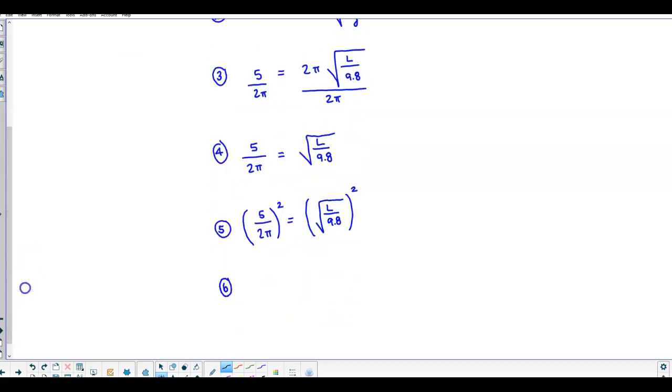So now we end up with 5 squared, which is 25, over 2 squared, which is 4 pi squared, and that's equal to L over 9.8.